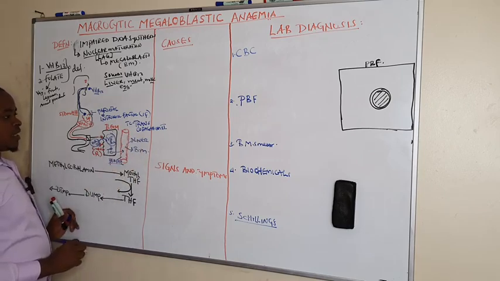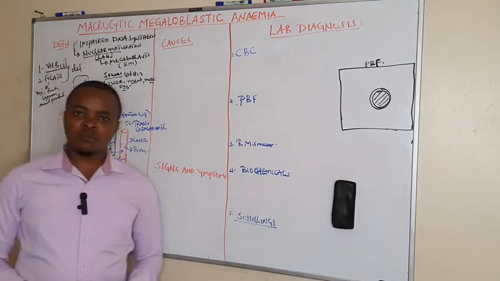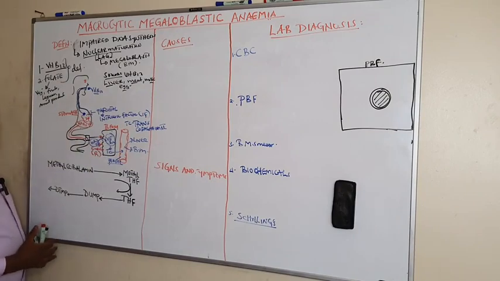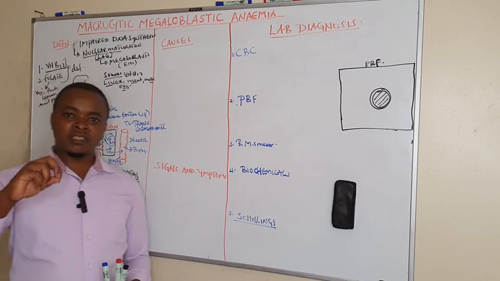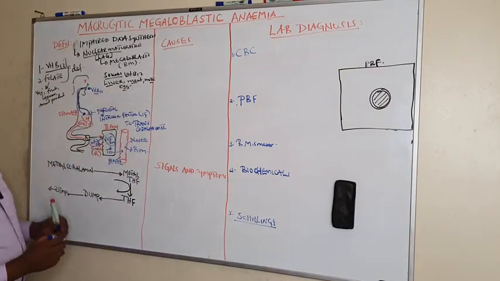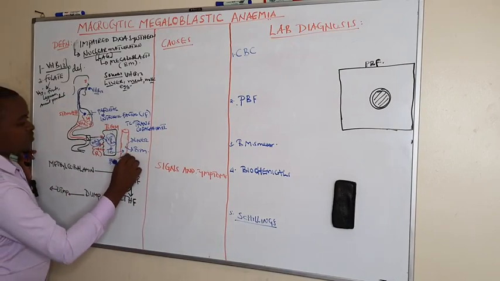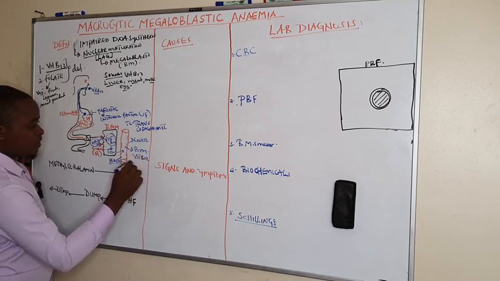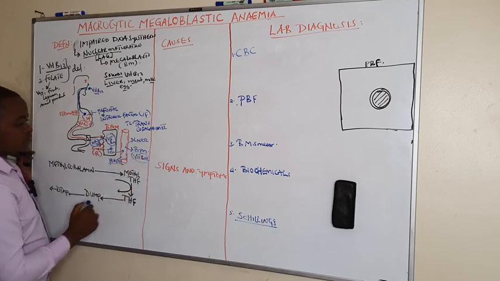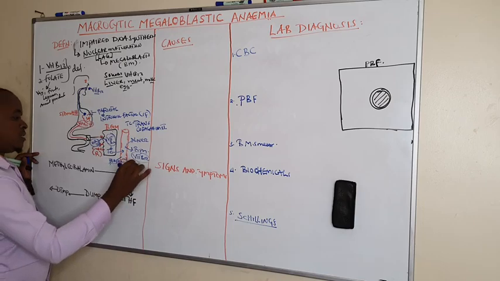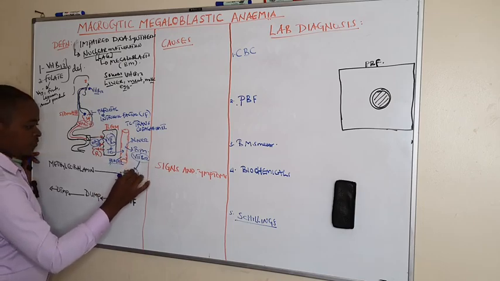So that is what we can discuss under absorption and metabolism. This is absorption of vitamin B12, which we know the most active form of vitamin B12 is methylcobalamin. So this vitamin B12, which we can call methylcobalamin, bound to transcobalamin in the cells, that is in the bone marrow or portal circulation, is its active form.